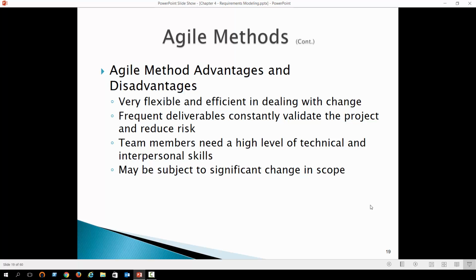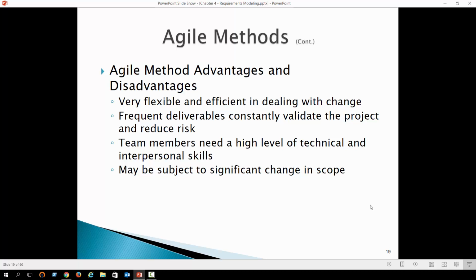Okay? So advantages and disadvantages. Advantage: very flexible and efficient in dealing with change. Frequent deliverables constantly validate the project and reduce risk. Yes, but remember, those deliverables may not necessarily be based on the entire requirements of the people involved in the system. Team members need a high level of technical and interpersonal skills.